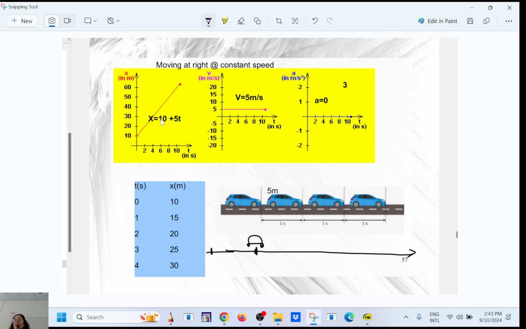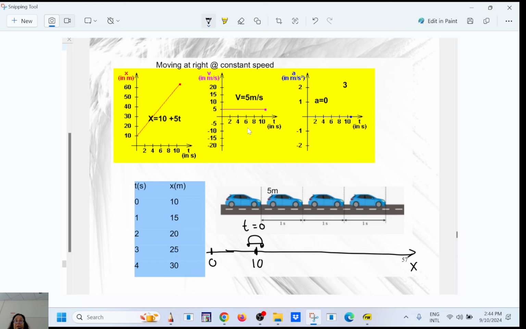Look at this graph. What do you think the initial position on the number line is? 10. Very good. You see? This is the time. Time equals 0. Position is 10. So that means when I start my stopwatch, this is x. So t equals 0. I can start my stopwatch wherever I want. The position is 10. Do you agree?